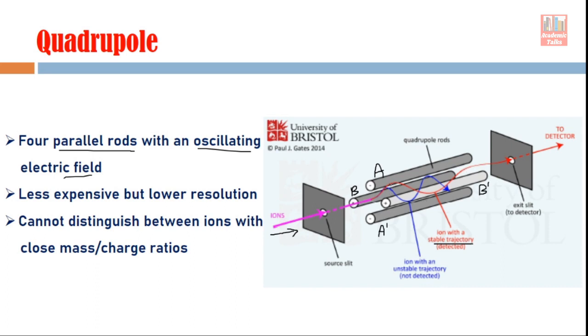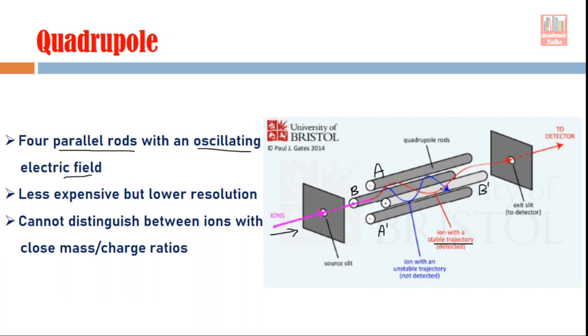So this red line you can see. These are the ions, and their trajectory is stable, and only they are able to go out of all this arrangement and also through this exit slit, and then they will be able to be detected. All other ions which have a different mass or mass to charge ratio will have this kind of unstable trajectory.